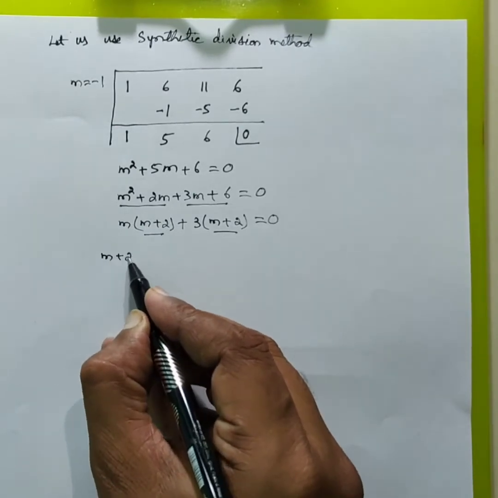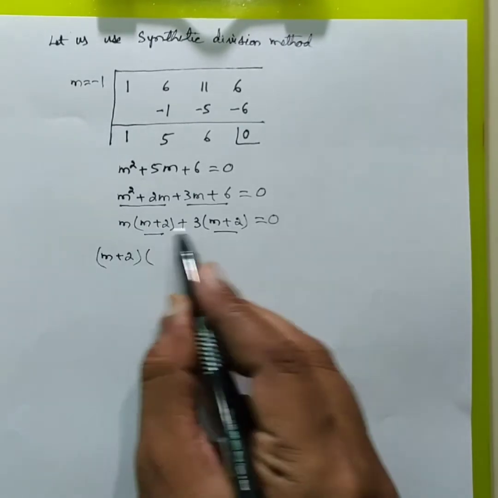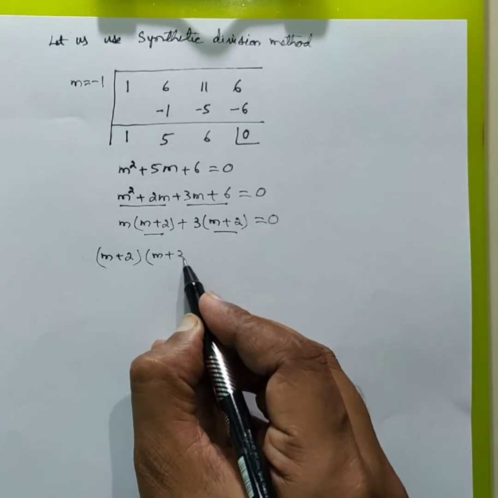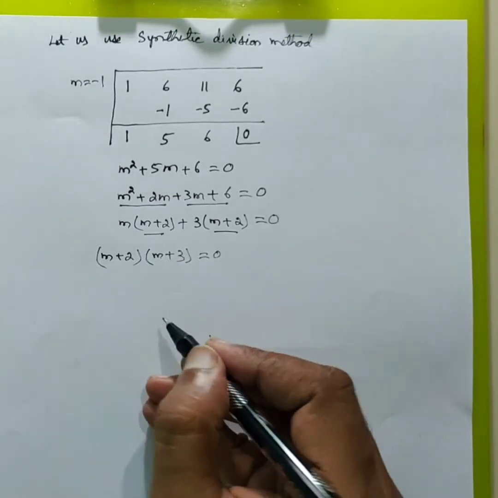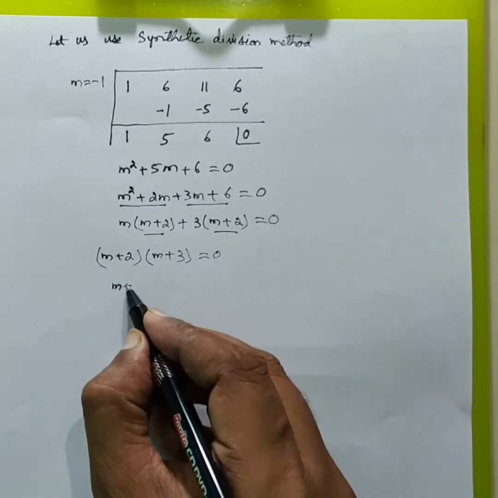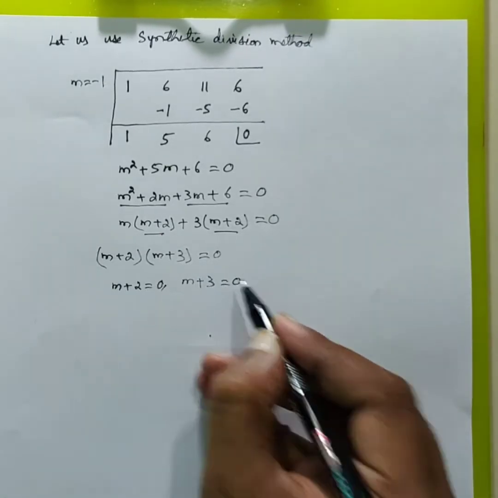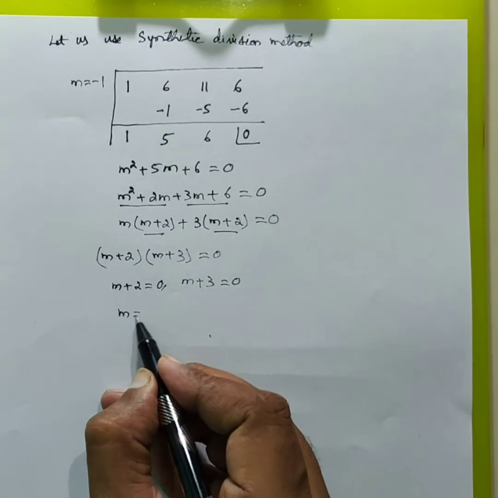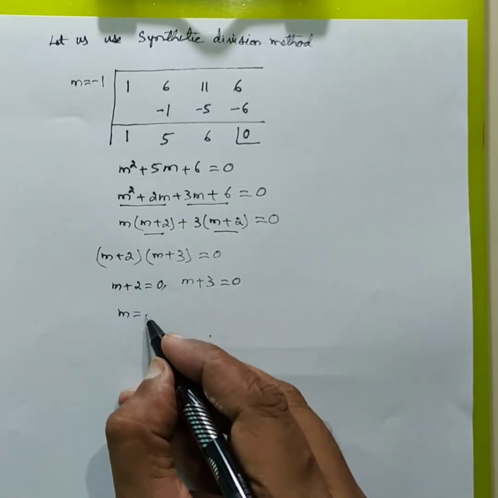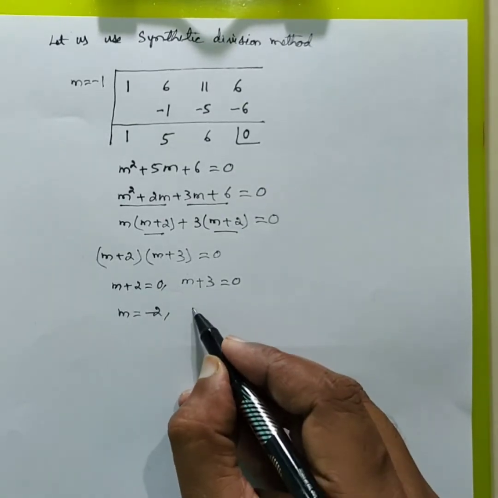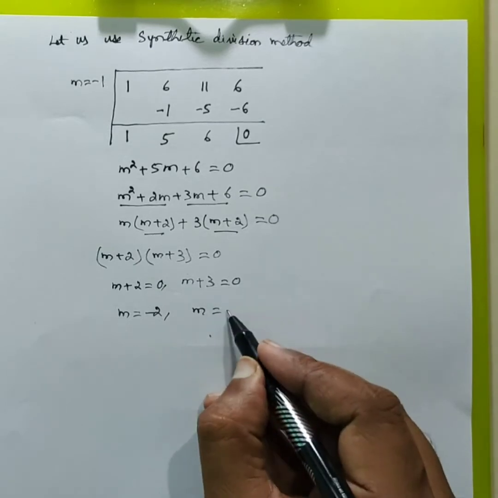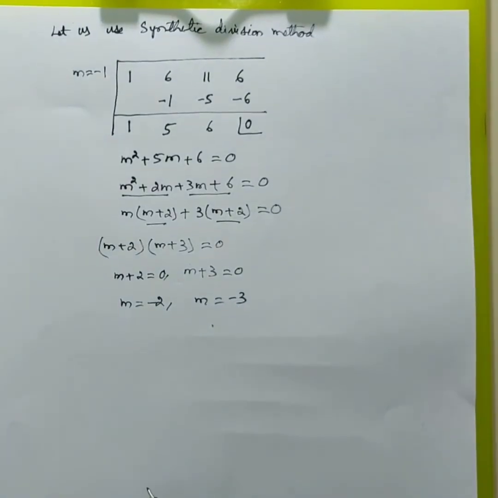So if I take m plus 2 as common outside, I will be left with m plus 3, that equals 0. So taking m plus 2 as 0 and m plus 3 as 0, I get m = -2 and m = -3.